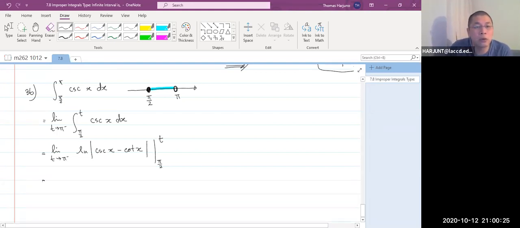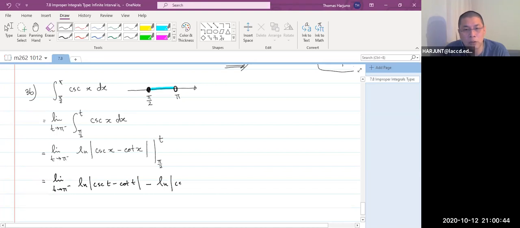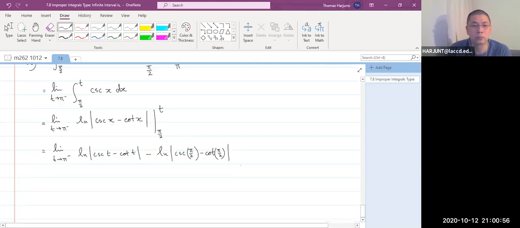And this equals the limit as t goes to pi from the left-hand side of natural log of cosecant t minus cotangent t, minus natural log of cosecant pi over 2 minus cotangent pi over 2.